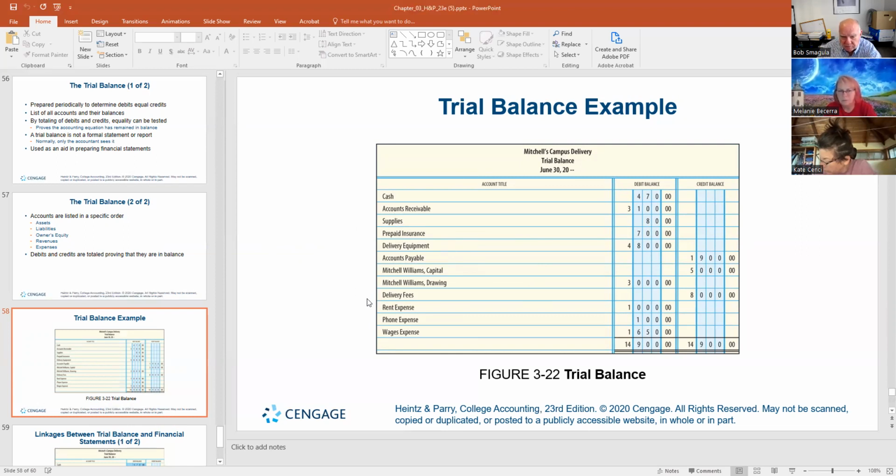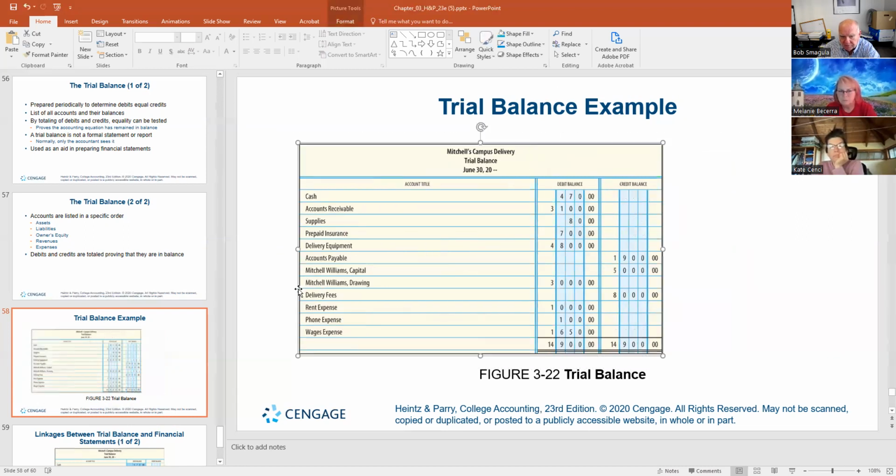Therefore, if you go to the line that says your first delivery fee line, and you draw a horizontal line going left to right, everything below that line, starting with delivery fees, is your income statement. Everything above it is going to go on the balance sheet. So that's a good tip to remember. After the drawing, everything below drawing is going to be your income statement. Everything above drawing included is going to be your balance sheet.